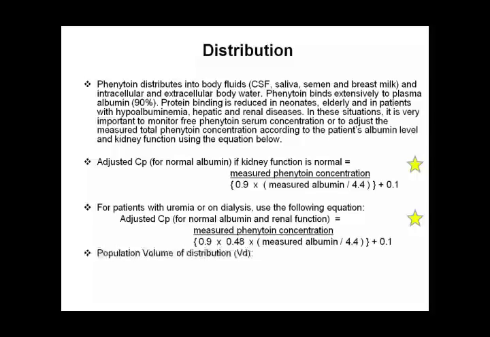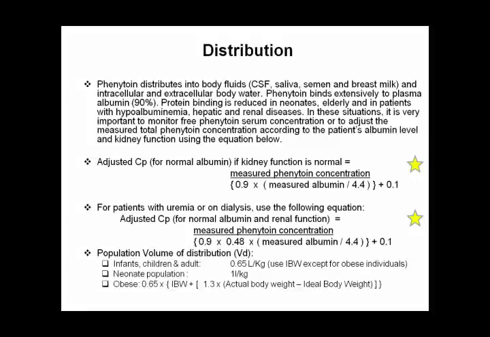The volume of distribution for phenytoin is about 0.65 liter per kilogram, and we use ideal body weight, except for obese individuals, where we use adjusted body weight. Neonates have higher volume of distribution, and for obese individuals, we will need to use the equation in the slides here, which accounts for the actual body weight being higher than the ideal body weight.